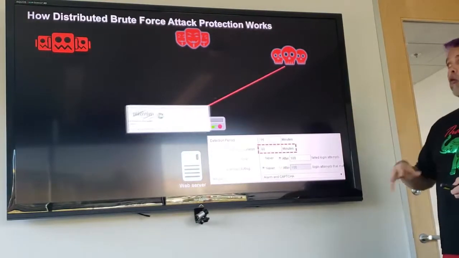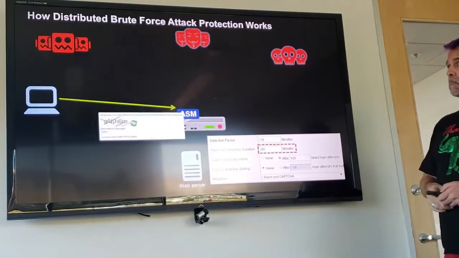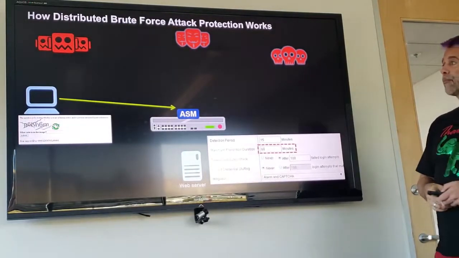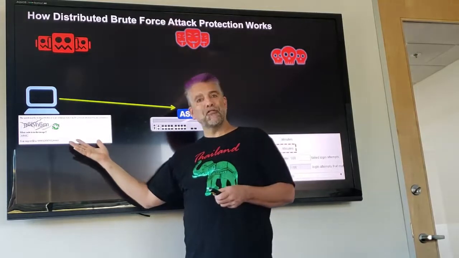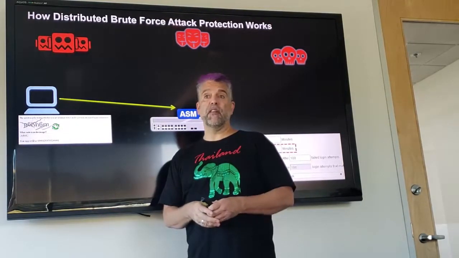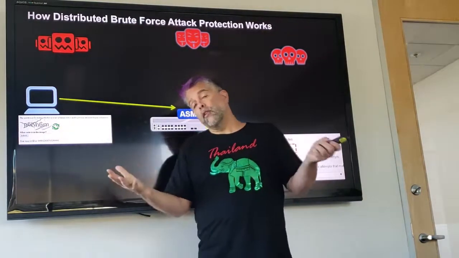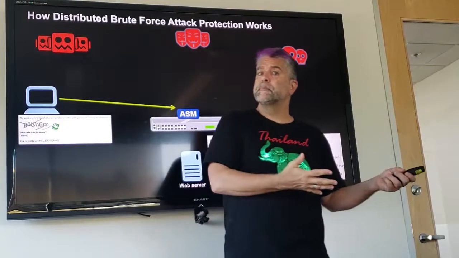All these users are now going to get a CAPTCHA challenge, including valid users. We probably all are getting used to seeing these CAPTCHA challenges now. This is the way that web applications protect themselves. You may have noticed that when you go to web applications, sometimes you get a CAPTCHA challenge and sometimes you don't.